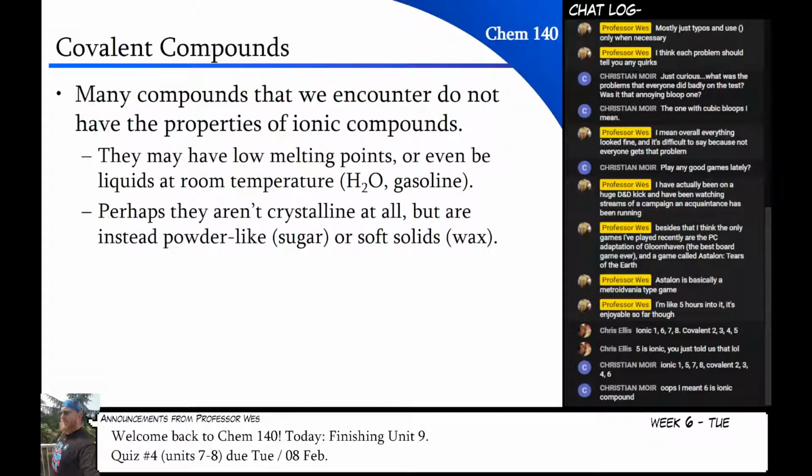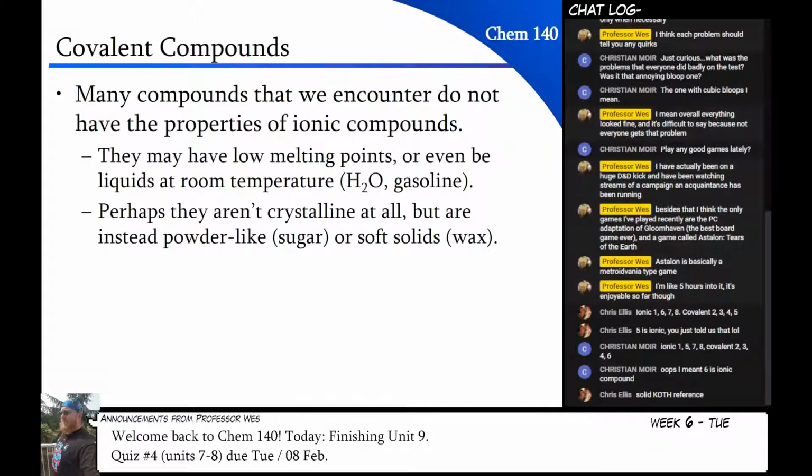Now, the ones that are in the solid state at room temperature, like sugar or wax, tend to have very interesting structural properties. For instance, if you grind up sugar into a fine powder, you get powdered sugar, and it's very, very soft and fine. However, if you try that with table salt, you can get something like popcorn salt, which can be fine, but it's still a little crunchy.